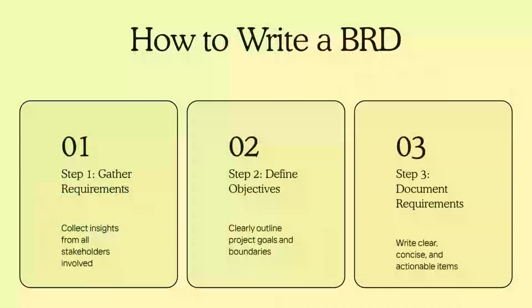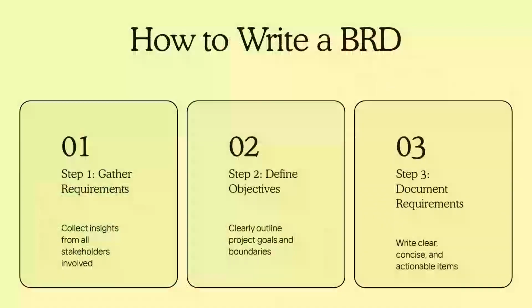So how do you actually write a BRD? Step 1. Gather requirements. Meet with stakeholders, ask questions, run workshops, and understand the business problem deeply. Step 2. Define objectives and scope. Clearly state what the project will achieve and what it will not cover. Step 3. Document requirements.